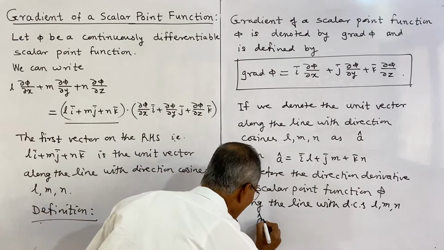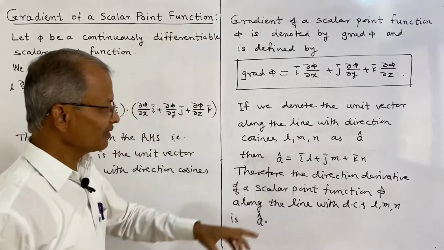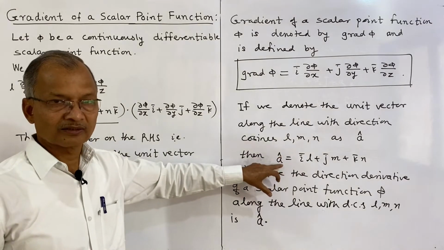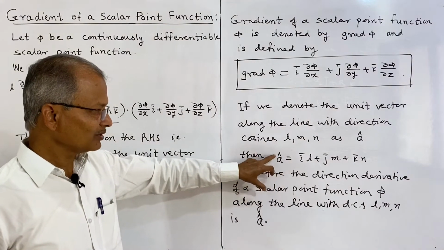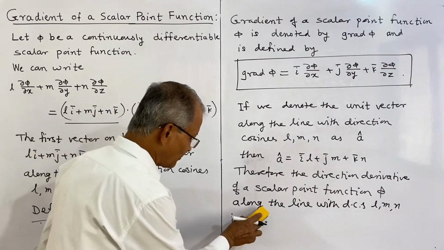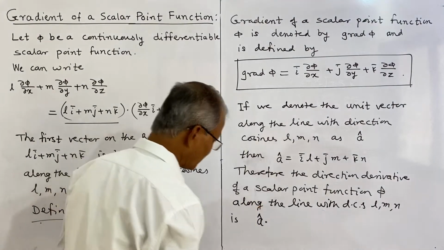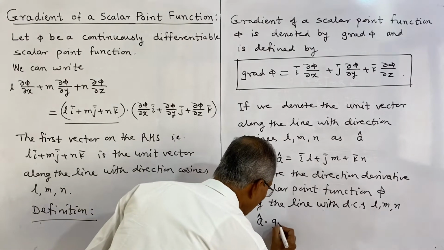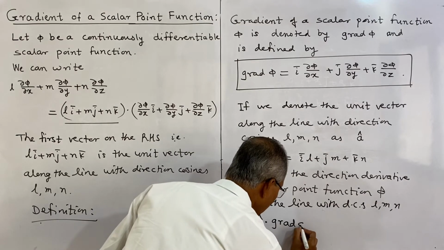This is a notation for unit vector, we denote it by cap notation. So, a cap denotes unit vector, a cap along a, unit vector is a cap dot gradient phi.